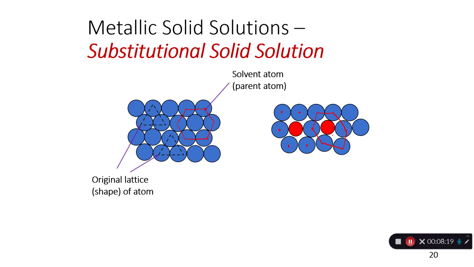So this is what it means by the arrangement being slightly distorted but still not changed. You can either use a triangle to represent or a hexagon like what I did here. Okay, so that's it. Solid solution.